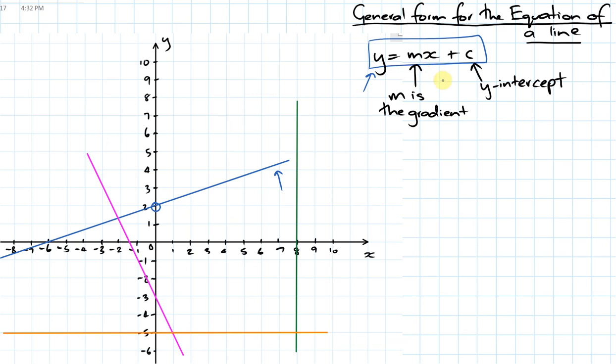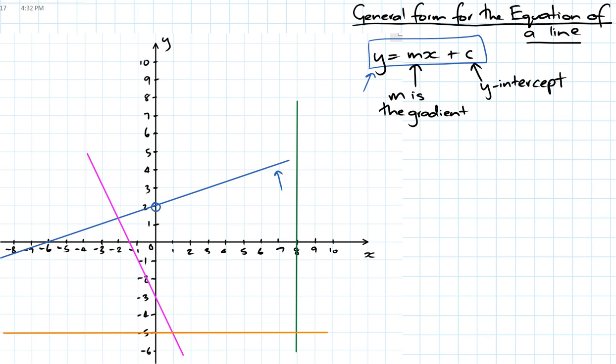So as long as the equation is written in this form, whatever number is in front of the x, that will be the gradient of the line. Then this c, tagged on the end here, is a constant, and that will always be a number. It could be a whole number, a decimal, or a fraction. That number is the y-intercept. So two things we need to find from the line: gradient and the y-intercept.